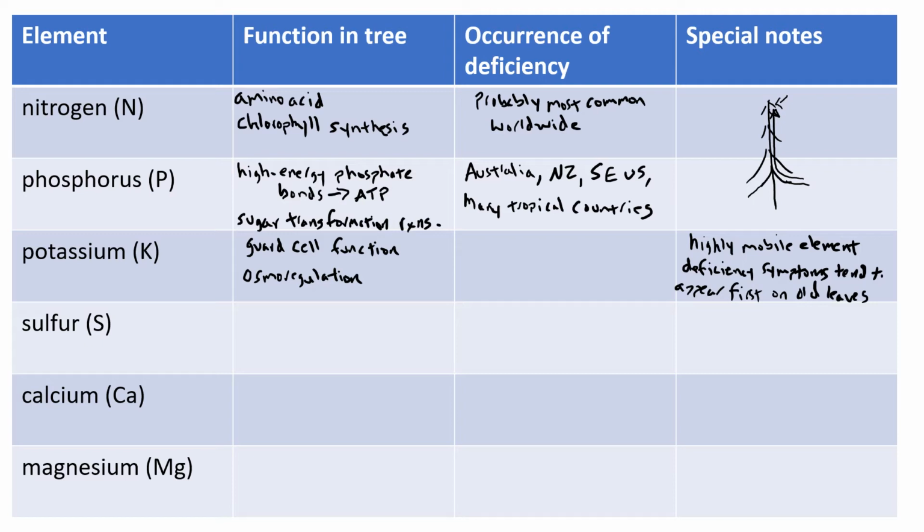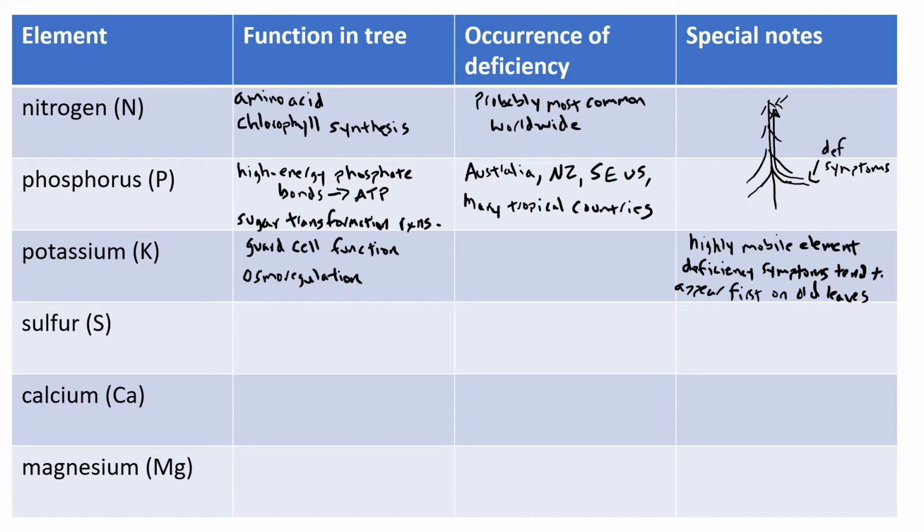When that happens, we will see deficiency symptoms occur first here on the older leaves, because that potassium is easily remobilized or mined from older leaves and used to produce those higher priority new leaves. So when potassium deficiency symptoms show up in leaves, it's usually first on the older leaves.